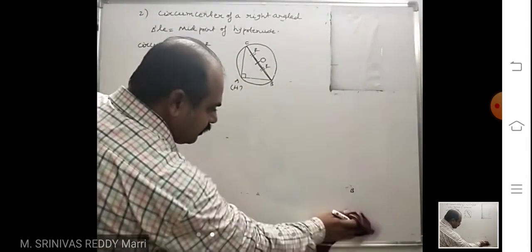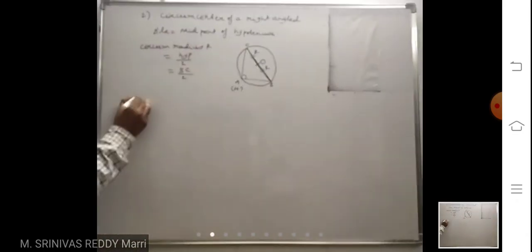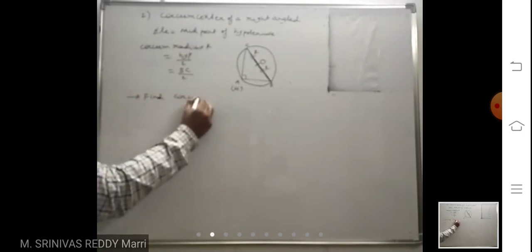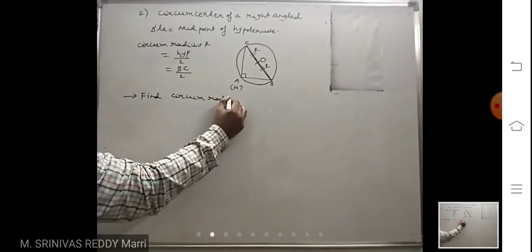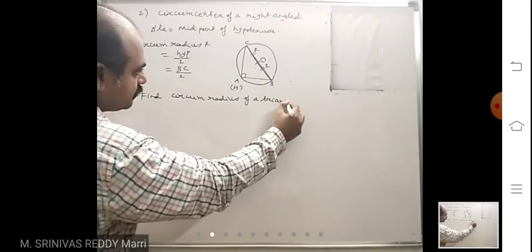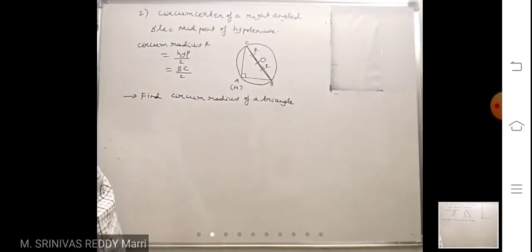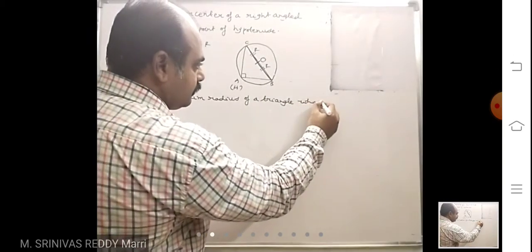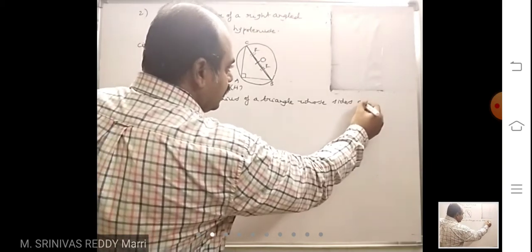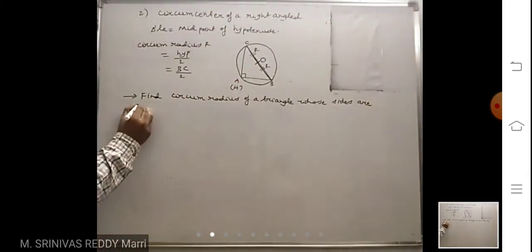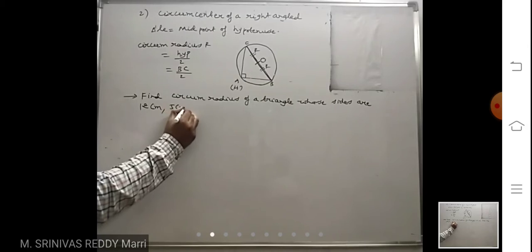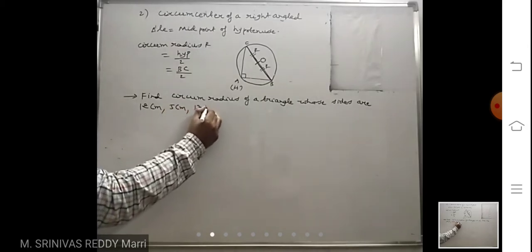Look at one example. Find the circumradius of a triangle whose sides are 12 centimeter, 5 centimeter, 13 centimeter.